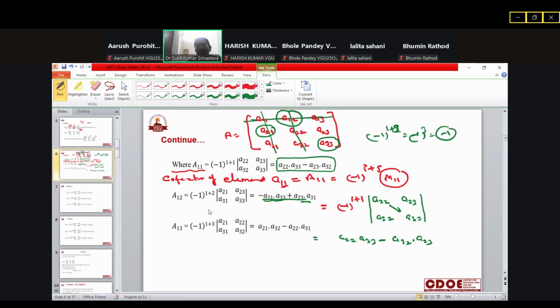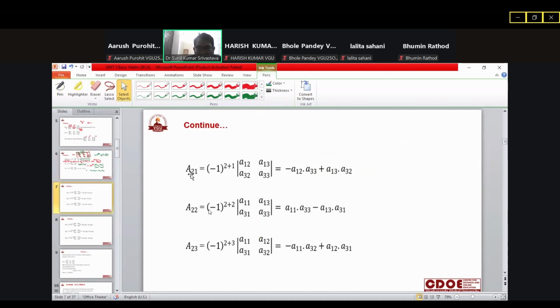If anyone has a doubt regarding this, you can ask, because we have to do the same repetition for all the other elements. Again, we write the values like this. Suppose A is equal to, in the same sequence, A11, A12, A13, A21, A22, A23, A31, A32, and A33.